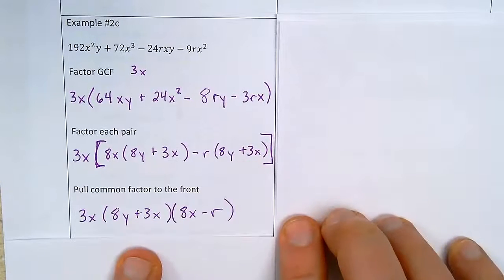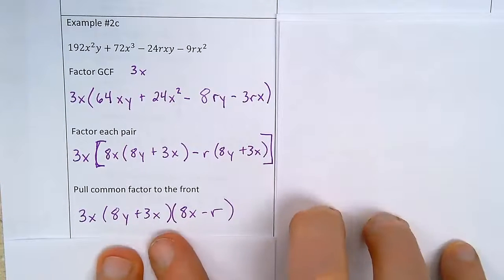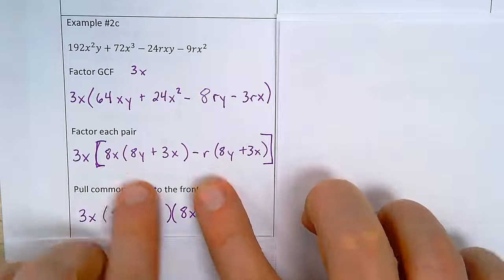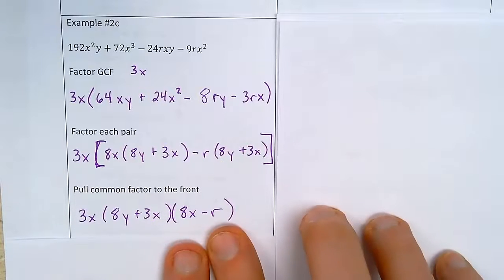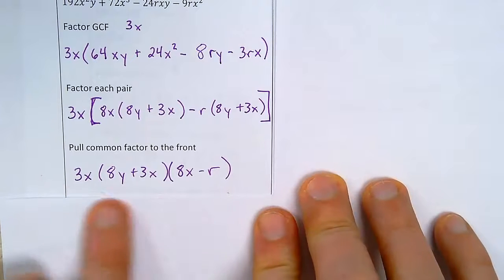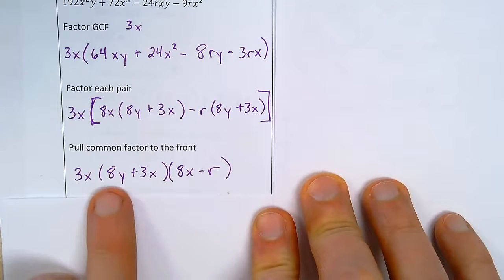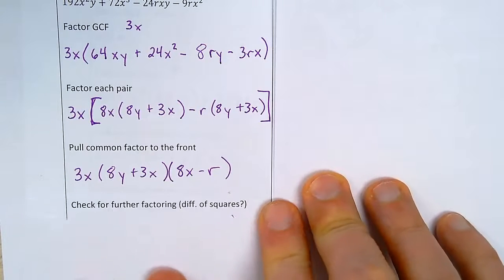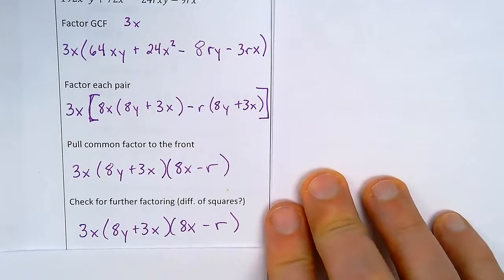Pull that 8y plus 3x to the front, and we're left with 8x minus r. Then we want to check to see if there's any further factoring. We don't see any difference of squares, there's no quadratics, and all of our numbers are relatively prime, so that's as far as that one factors.